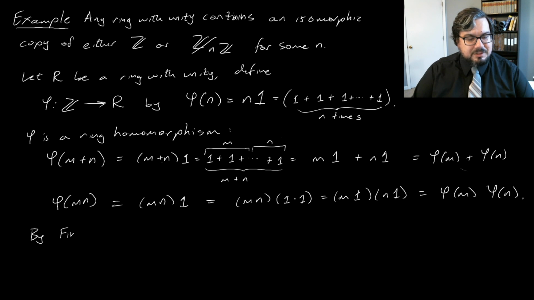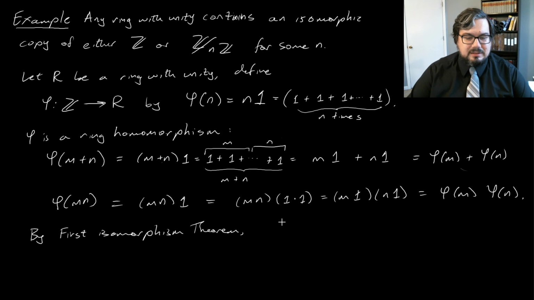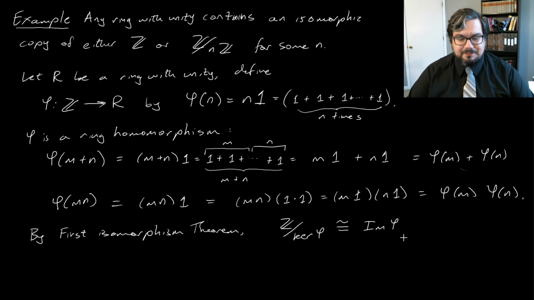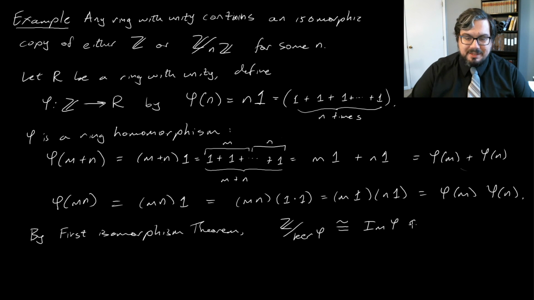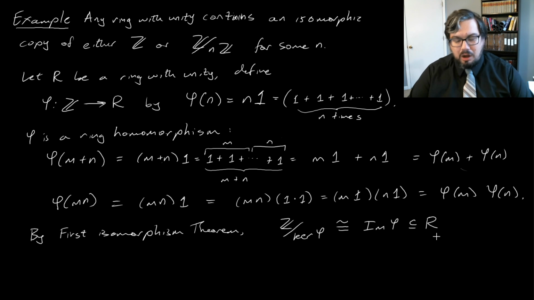By the first isomorphism theorem, we have that Z mod the kernel of phi is isomorphic to the image of phi. And remember, the image of phi is a subset of the ring R, and furthermore, it's a subring of R because it's the image of a ring under a homomorphism.